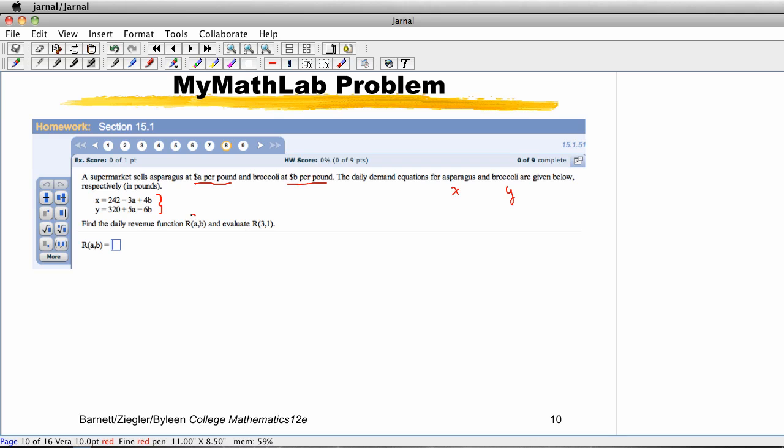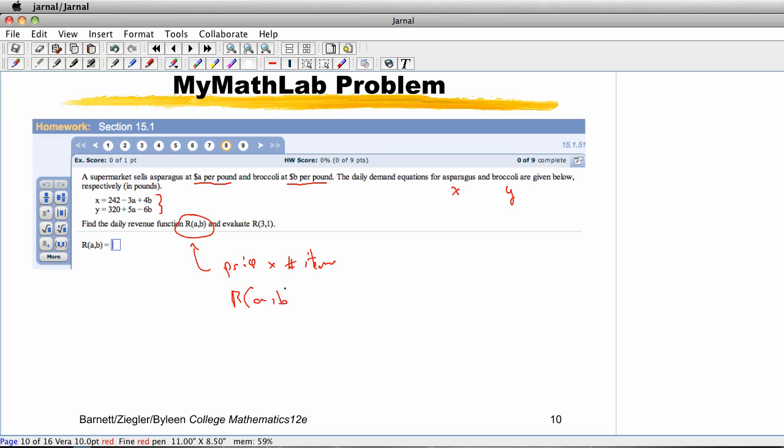Now we need the daily revenue function. Well, remember, revenue is a price times the number of items sold. And so we're used to seeing that process for revenue, but in this case we have two different prices and two different items. So our revenue is just going to be the sum of the two.